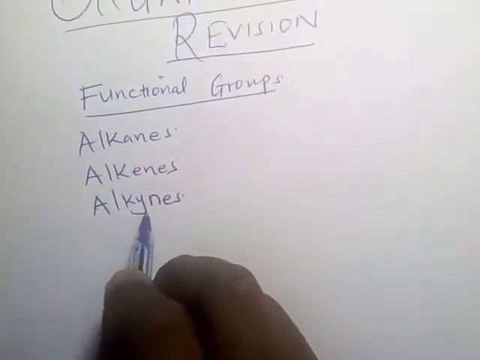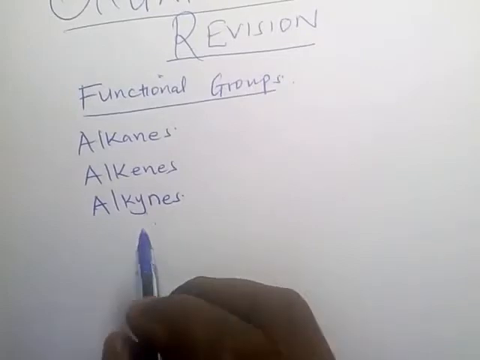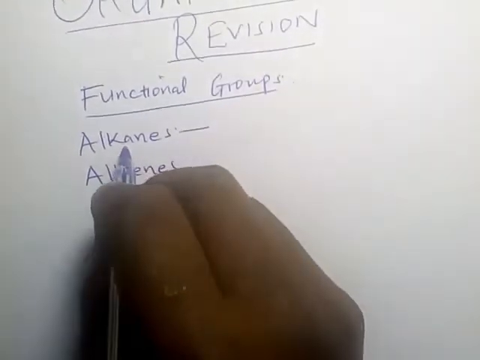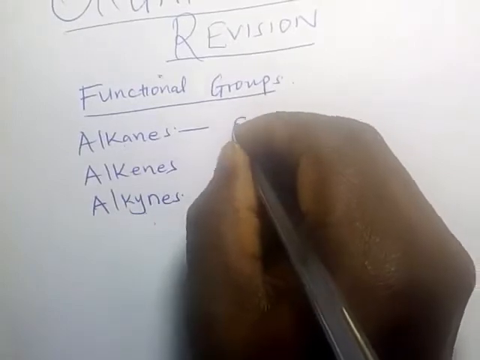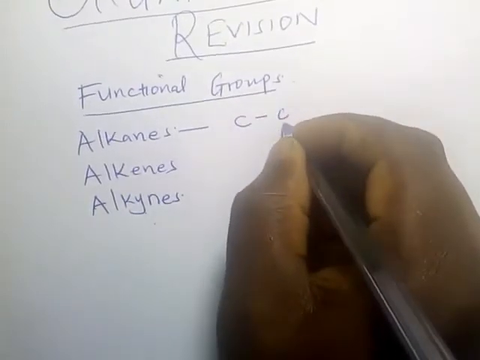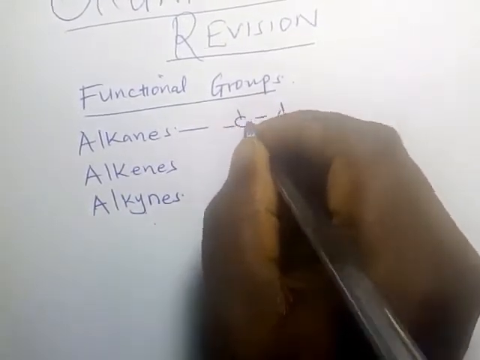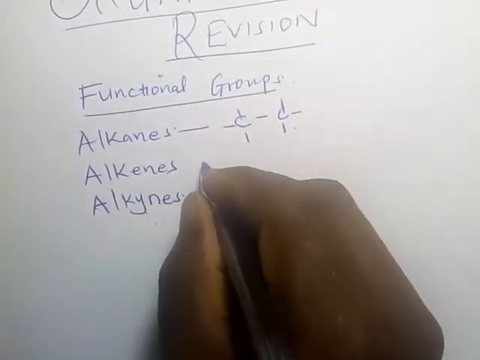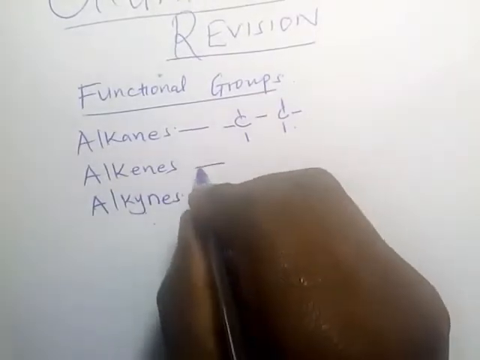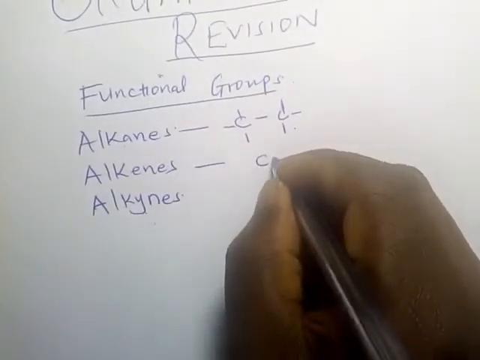This is what we studied in organic 1. So here we saw that alkanes are compounds which have a single covalent bond. Alkenes are compounds whose functional group has a double bond.